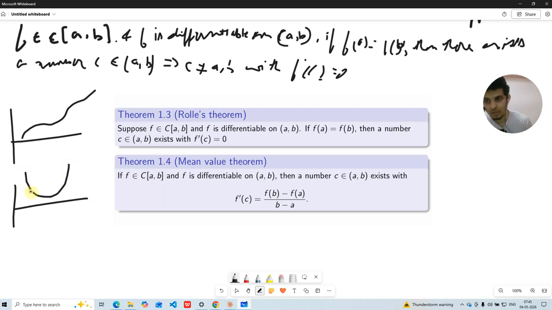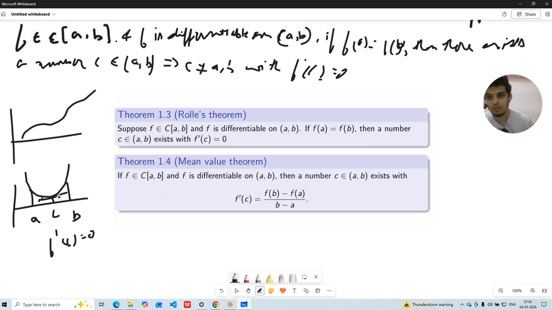So this is f(a), this is f(b). There will be a point c here where f'(c) equals 0, as we can see the slope is 0. So this is Rolle's theorem.